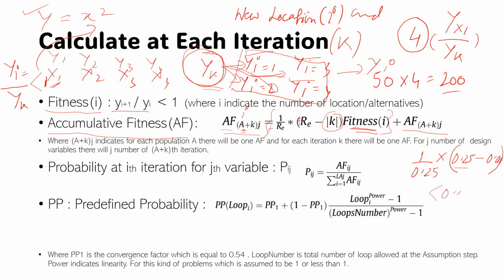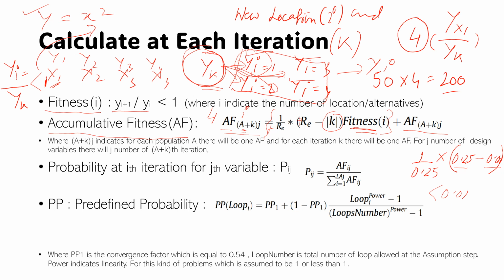So I am taking 0.01. So 0.01, 0.25, correct? Multiplied by the fitness I. Fitness I means the value of y at x equal to 1 divided by the value of old y. Okay, so in the similar manner, as we have 4 number of population, you will get 4 number of AFs.